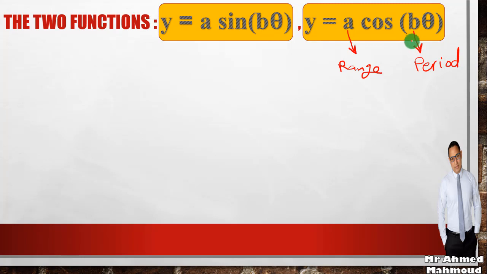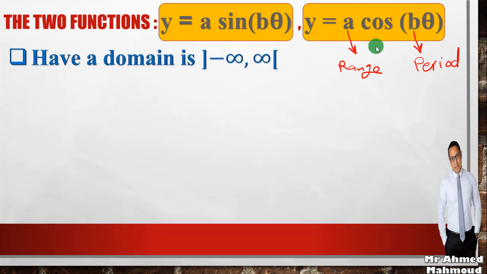So here the domain, in general, of the sine function or cosine function is from negative infinity to infinity, or R, the whole real numbers.